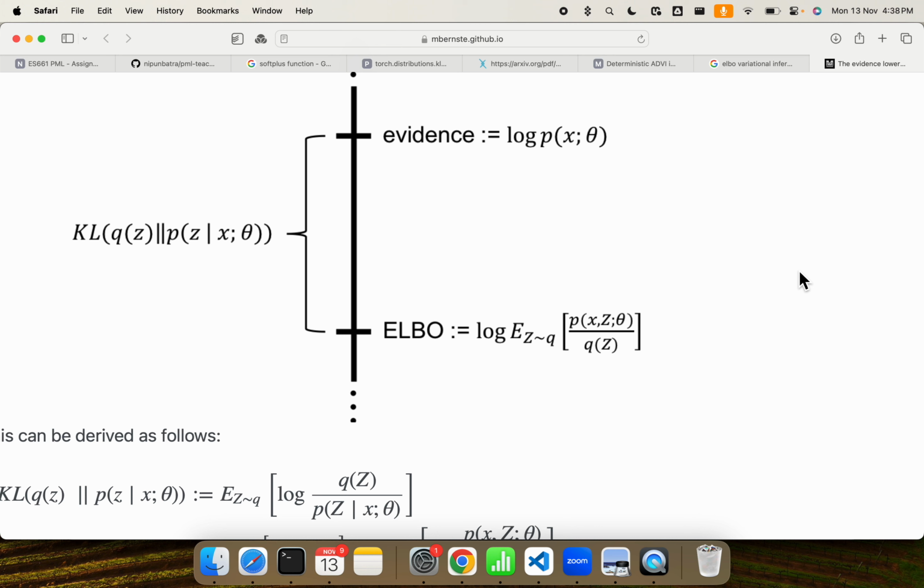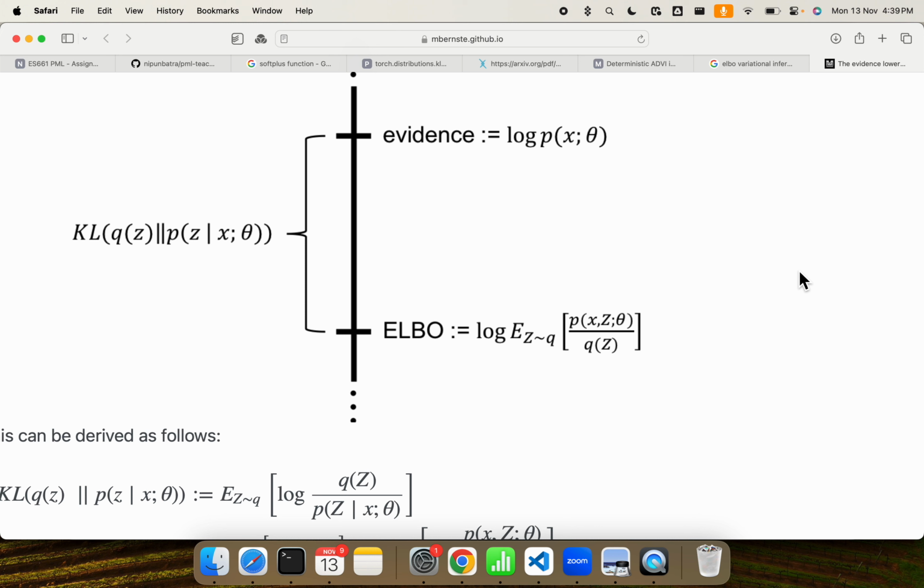We have the ELBO term, and our evidence term is log of P of D. They are using a slightly different convention, and the difference between the evidence term and the ELBO term is the KL divergence, which we are trying to compute.